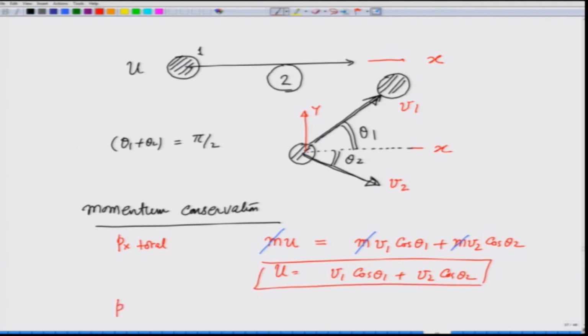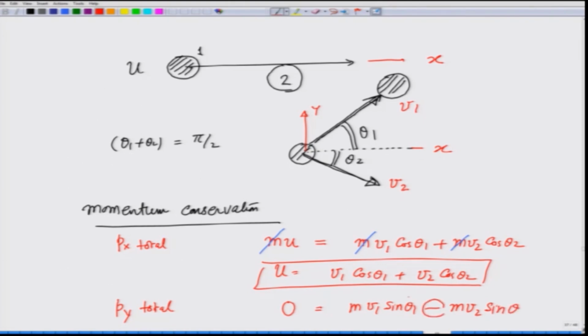I have got another equation from momentum conservation, that is Py total should also remain the same. And what was Py total to start with? There was no momentum component in the y direction, and therefore I am going to have 0 equals m v1 sin theta 1 minus m v2 sin theta 2.